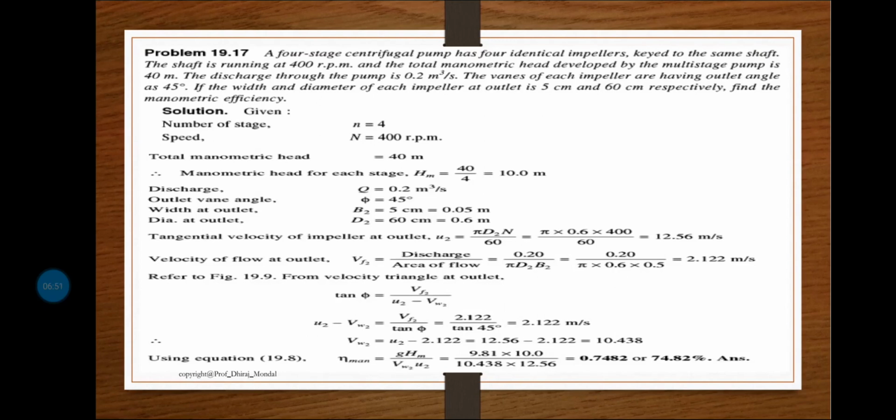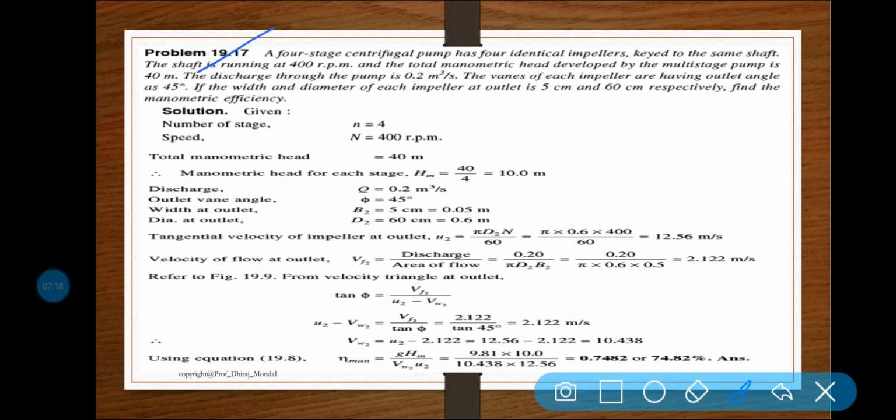Now 19.17, it is your next problem. Let us solve the next problem. 4 stages, so here n is equal to 4, small n, and the rotational speed is equal to 400 rpm, it is given. First of all, go through the problem. A 4-stage centrifugal pump has 4 identical impellers keyed to the same shaft.